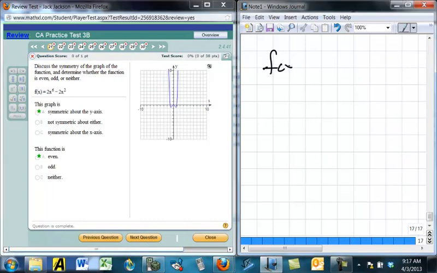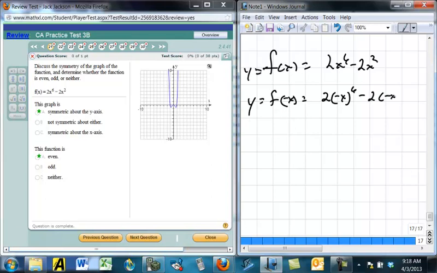f of x equals 2x to the 6th minus 2x squared. The even powers here: if you put in the opposite of x, in other words, leave y alone but change the sign on x, that's going to reflect over the y-axis.